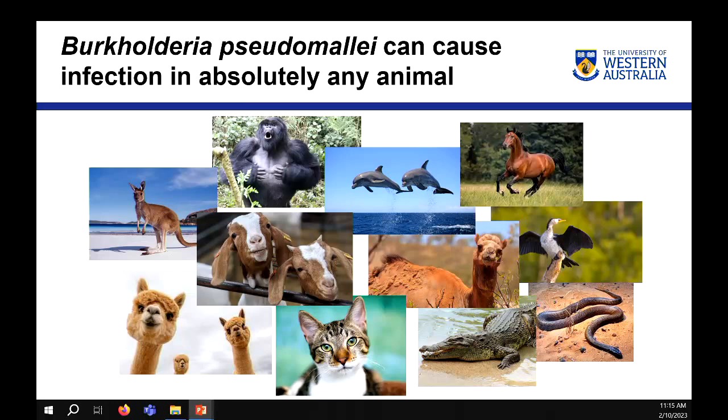There's also this animal park up there, and they had ferrets and reptiles and crocodiles, and all the animals at some stage came down with melioidosis as well. So in terms of host, it's really versatile. It affects humans, and it can affect plants as well.